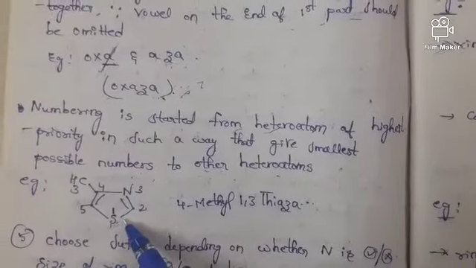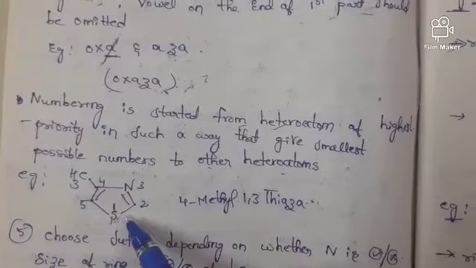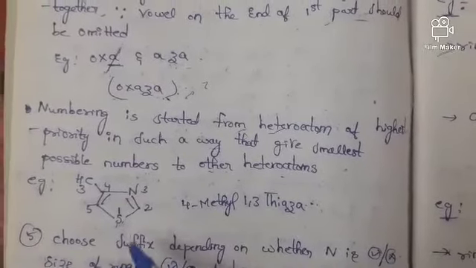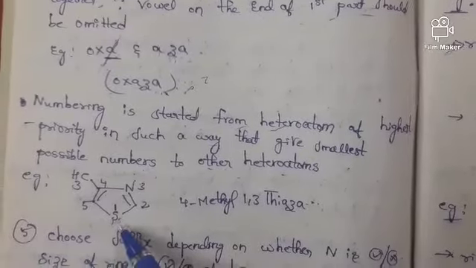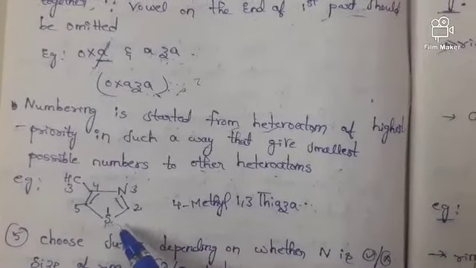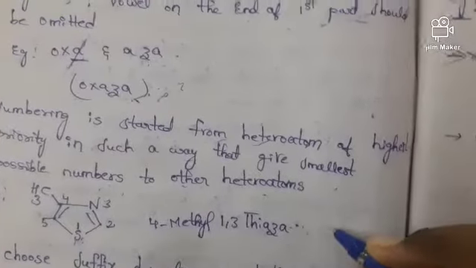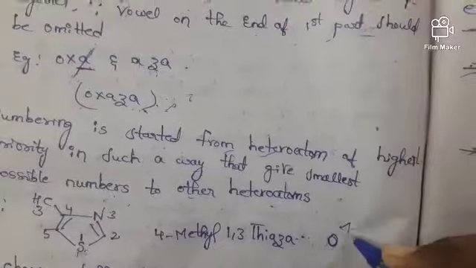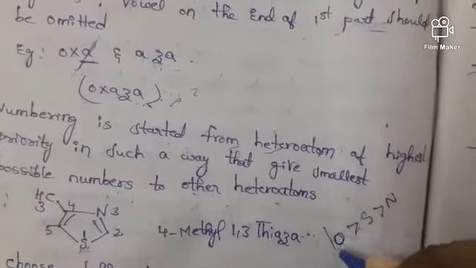Here the numbering should be given based on the priority order. Try to remember one thing: when compared to nitrogen, sulfur has higher priority, and when compared to sulfur, oxygen has more priority. So oxygen has more priority, then comes sulfur, then comes nitrogen. This is the priority order.